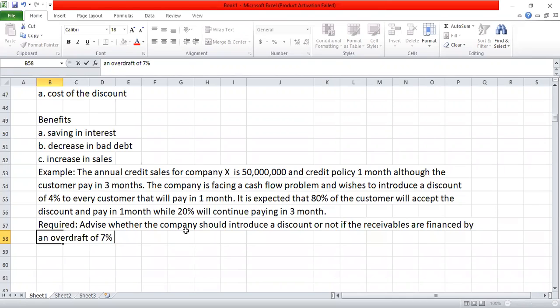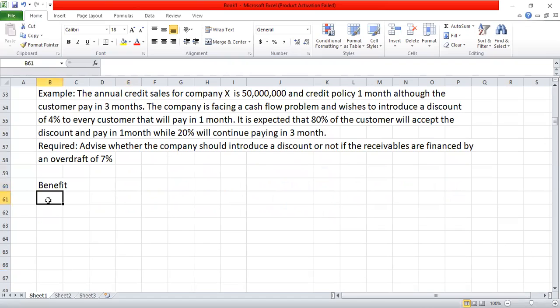So, what is going to be our cost? Well, we can start with the benefits. Our benefits will be the decrease in receivables, if any.